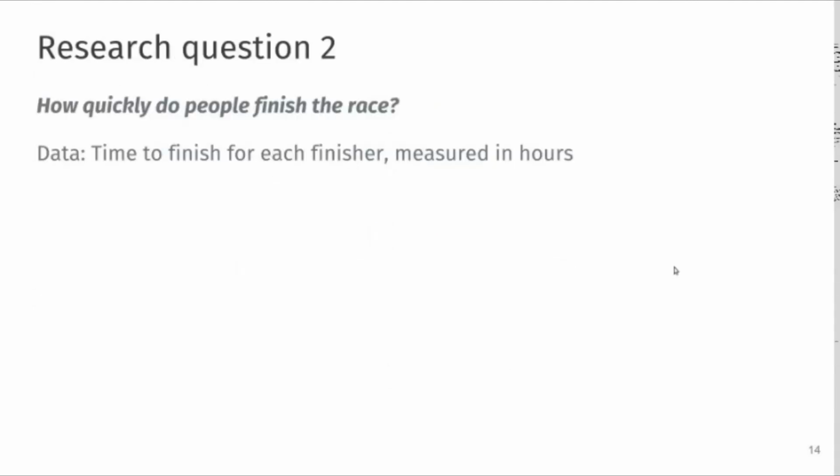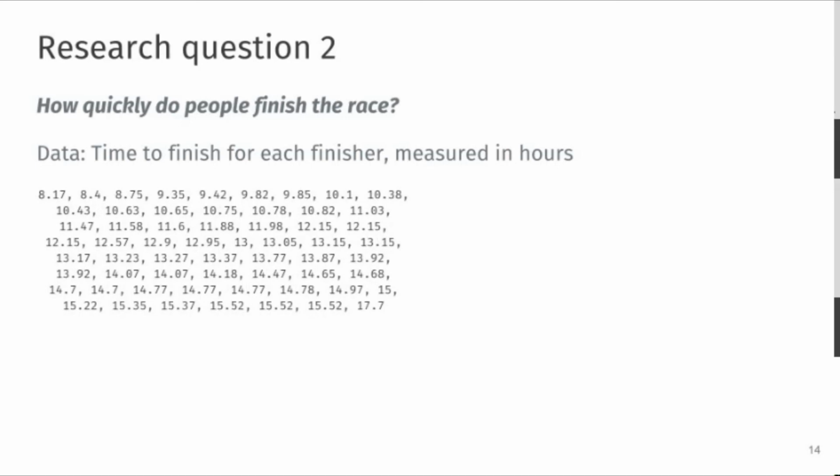So to go now to our full data set, how quickly do people finish the race? What is the median finishing time? So once again, we start by putting all of our data in order, from smallest up here to largest up here.